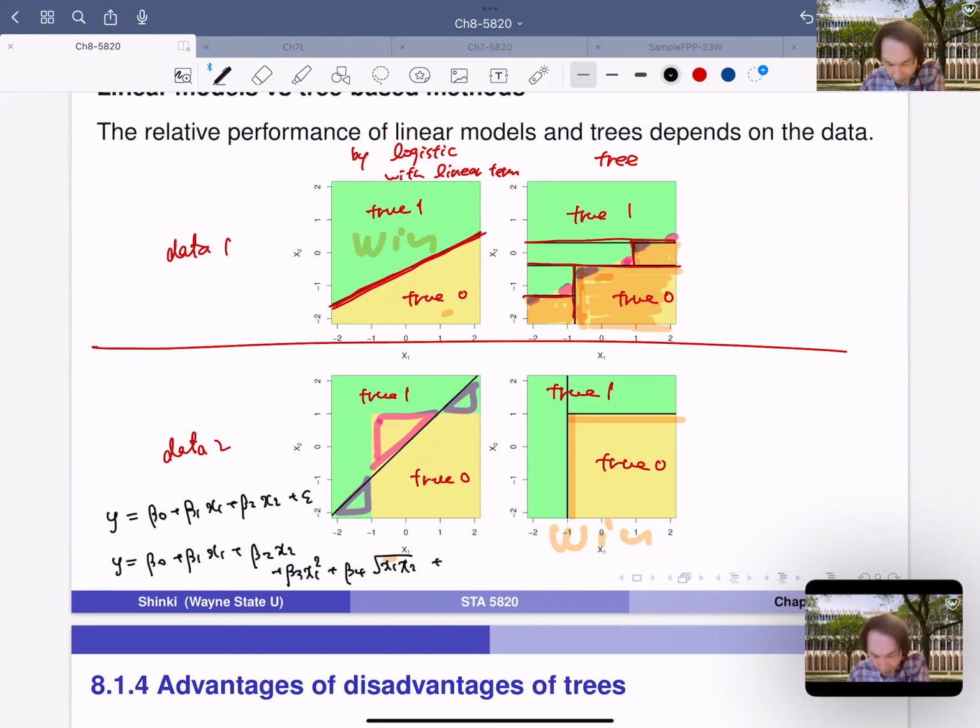So it is really difficult to choose this kind of engineered variables. If your choice is very good, then maybe the linear model with the complicated predictors may work. But if you don't have any prior knowledge, then tree-based methods may work for any complicated situation.